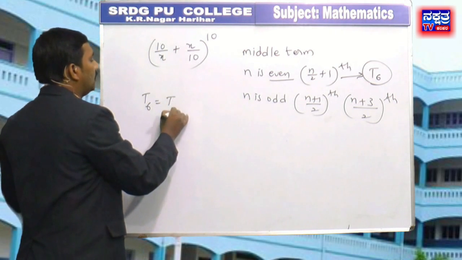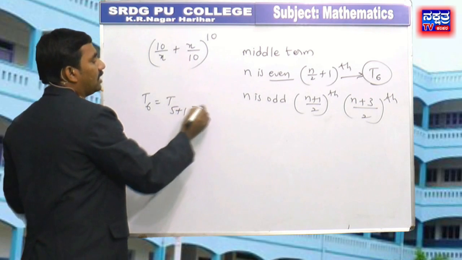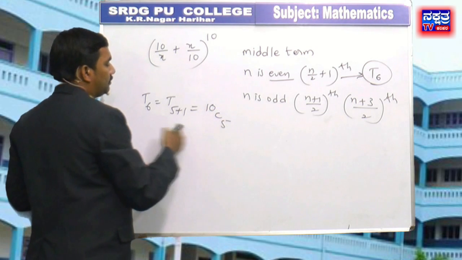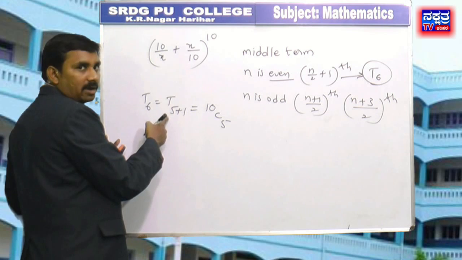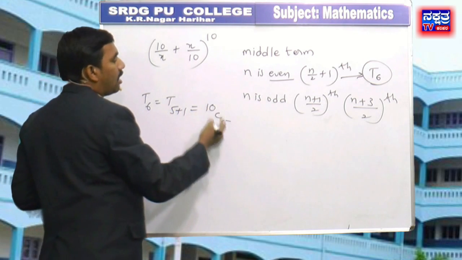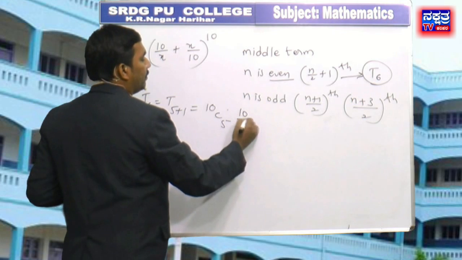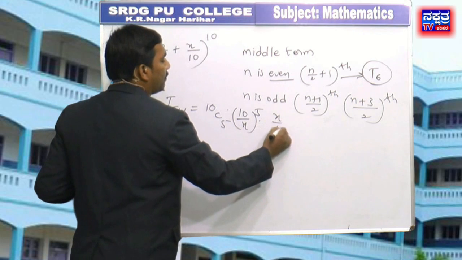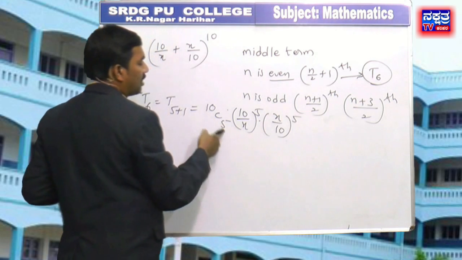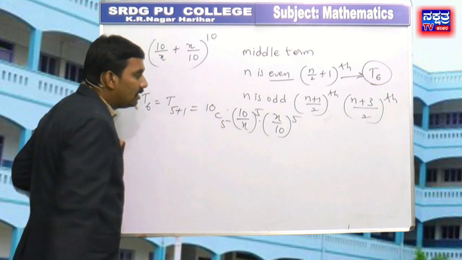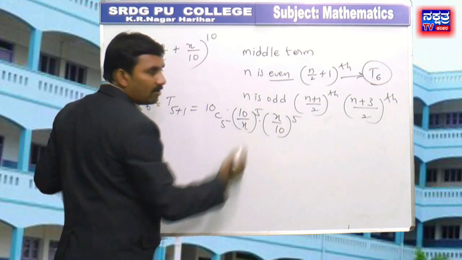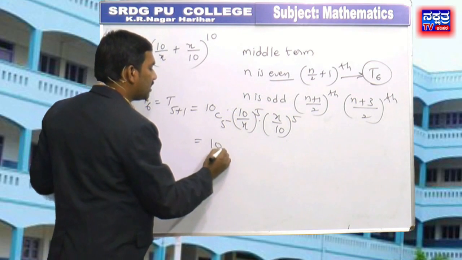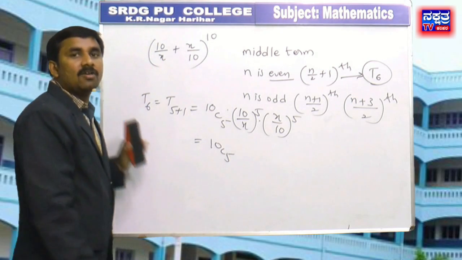T6 equal to T5 plus 1, that equals nCr, what is r here? 5. nCr into first term power r into second term power n minus r. 10 minus 5 is 5 only. Clearly x power 5 will get cancelled, 10 power 5 will get cancelled. The final answer will remain 10C5.